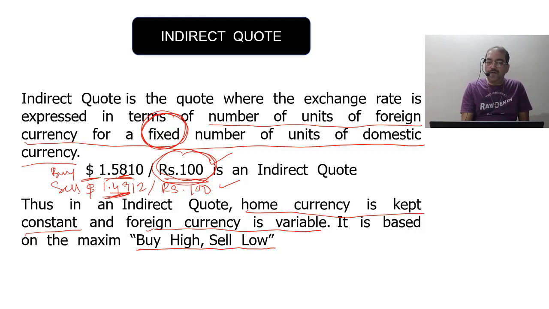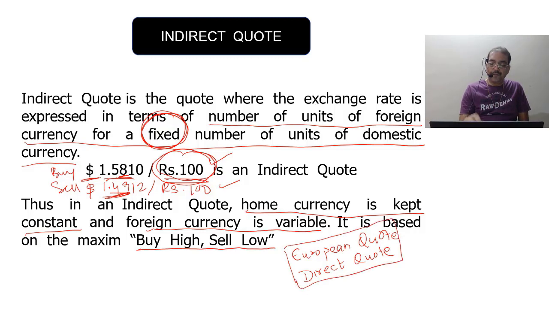So what is our method of writing? Our method of writing is the European quote. Very important, write this down somewhere. Our method of writing is the European quote because we always write dollar on the right hand side. Correct? And it is the direct quote. So this is what is applicable for us.